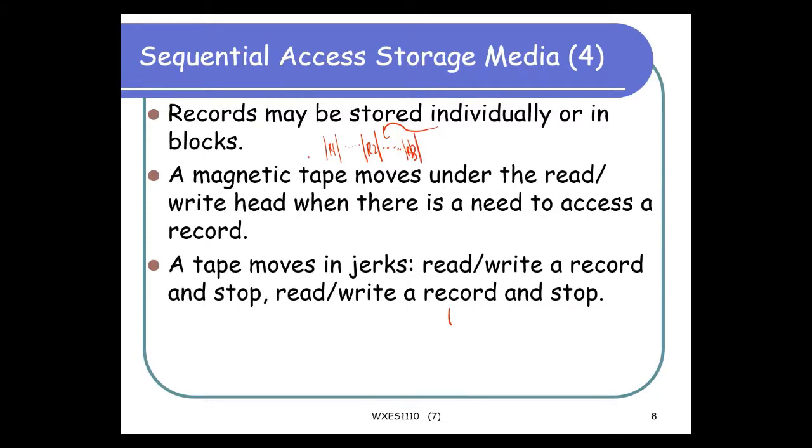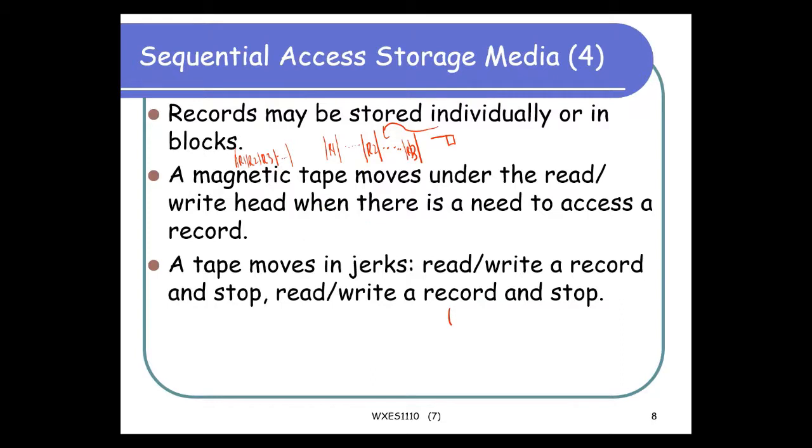For blocks, you have record 1, record 2, record 3 in a block. Let's say one block has 3 records, and then you have some space for moving the read and write head. Just imagine this read and write head moving according to the tracks. The magnetic tape moves under the read/write head when there's a need to access a record.